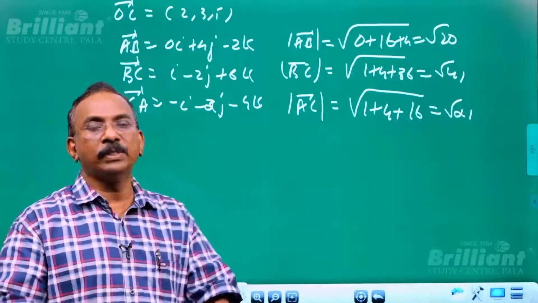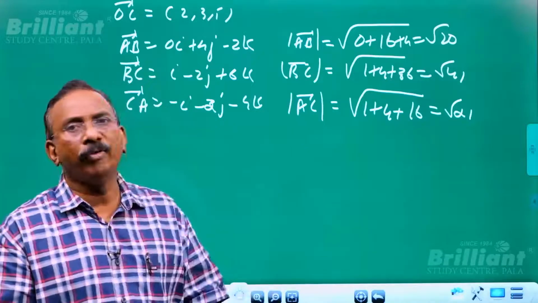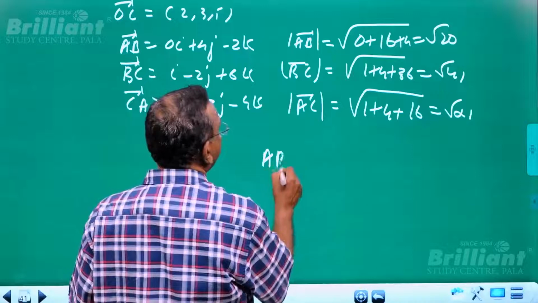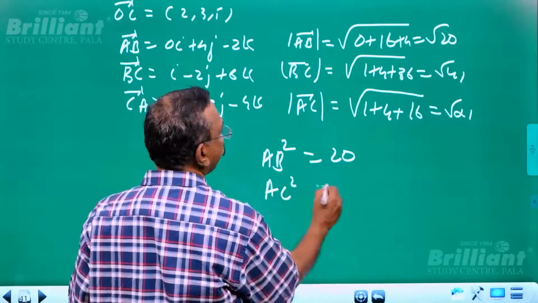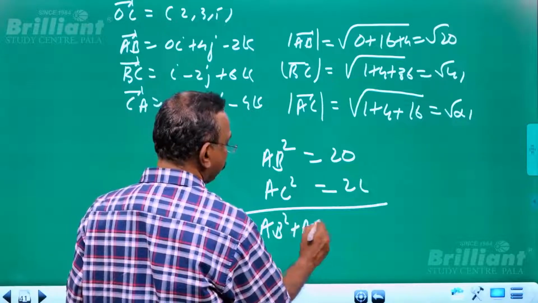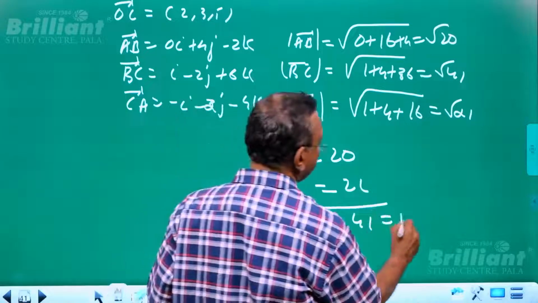So, the opposite angle will be the greatest angle. What is AB square? AB square is equal to 20 and AC square is equal to 21. So the sum AB square plus AC square is equal to 41, which is equal to BC square.